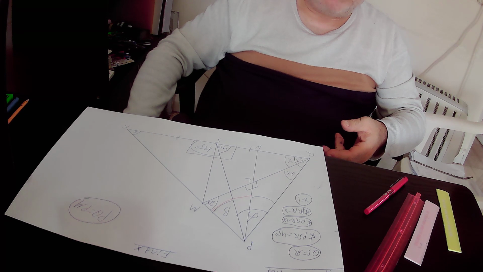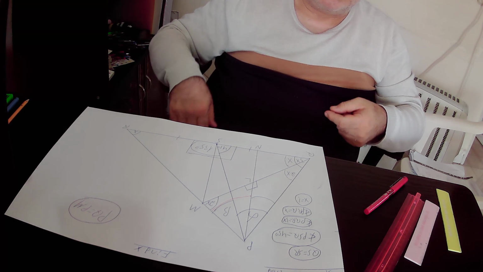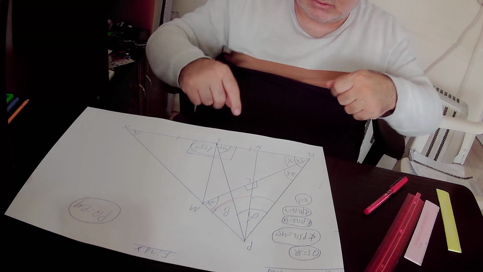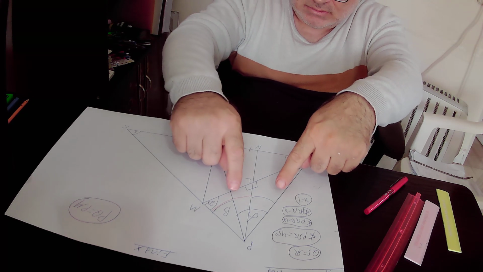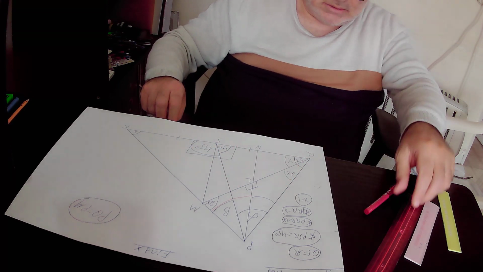So therefore, the third pair of angles will also be equal to each other in those two triangles. Okay, according to the third angle theorem.